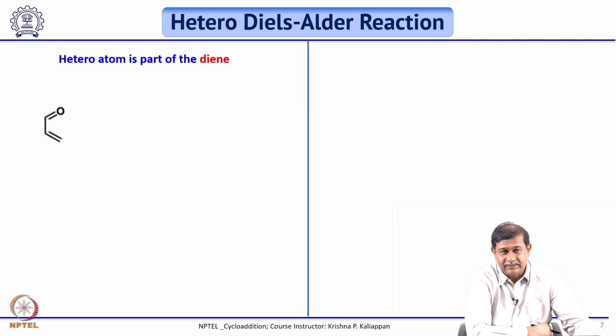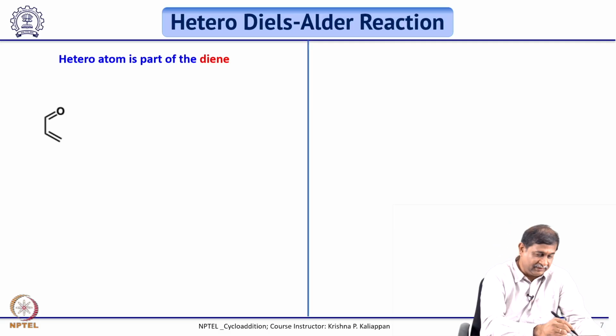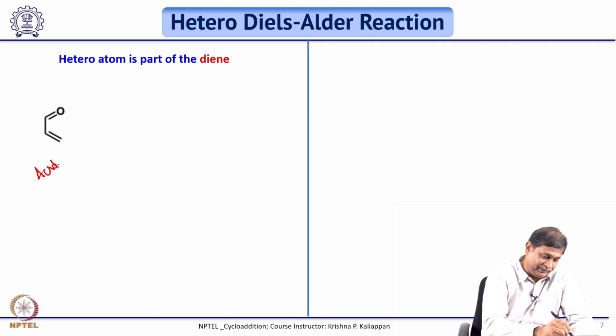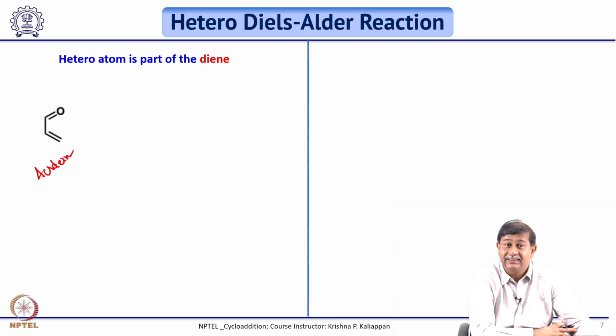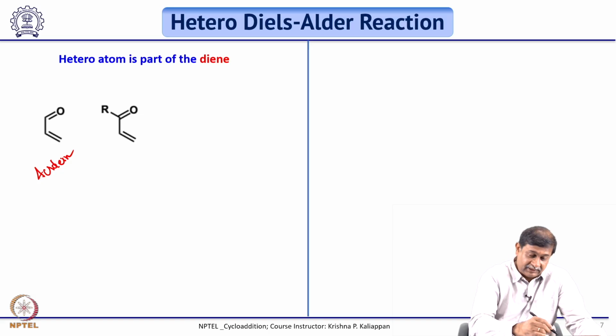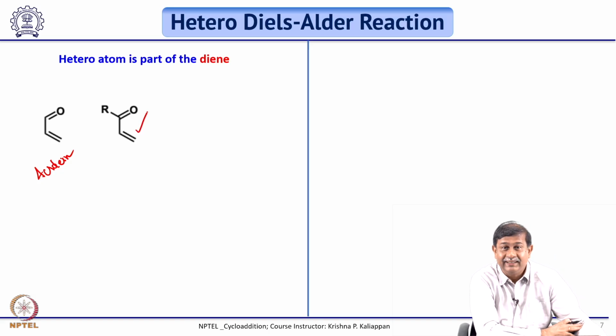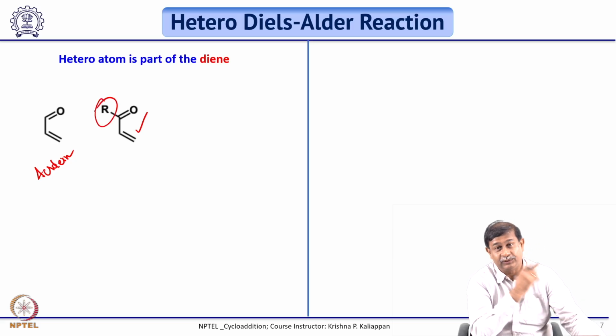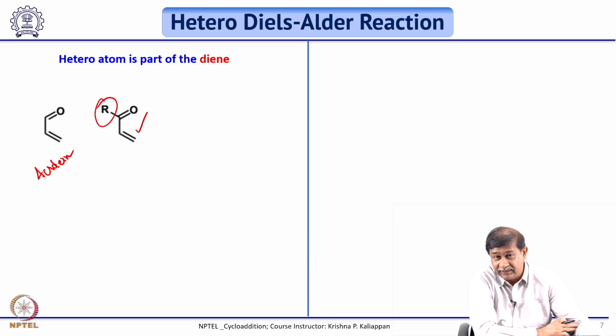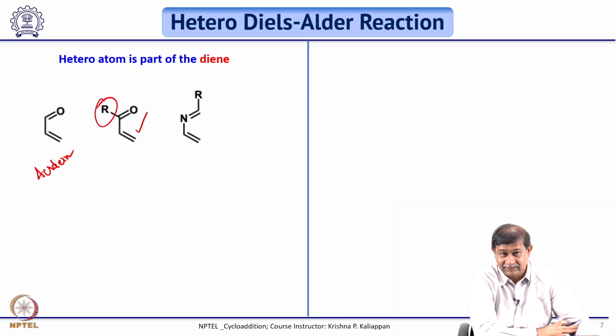Okay. So, you can see here this is a very well known dienophile actually. This is a very well known dienophile called acrolein, but it can also act as a diene. Then this is also vinyl ketone, alkyl vinyl ketone. This also one can successfully use as a dienophile in Diels-Alder reaction, but people also have used this as diene in hetero Diels-Alder reaction.